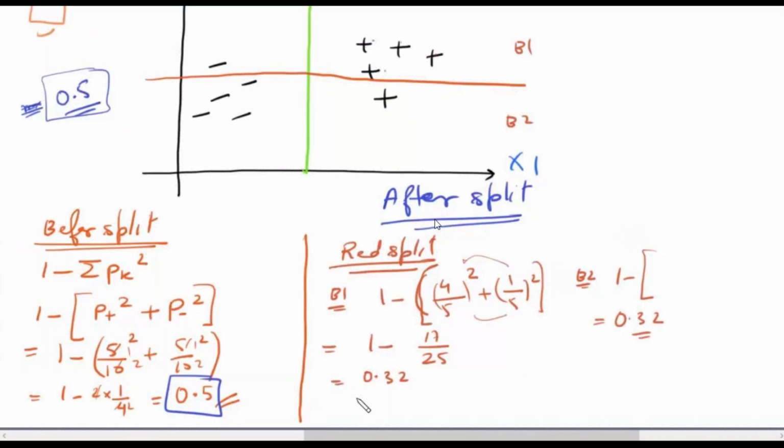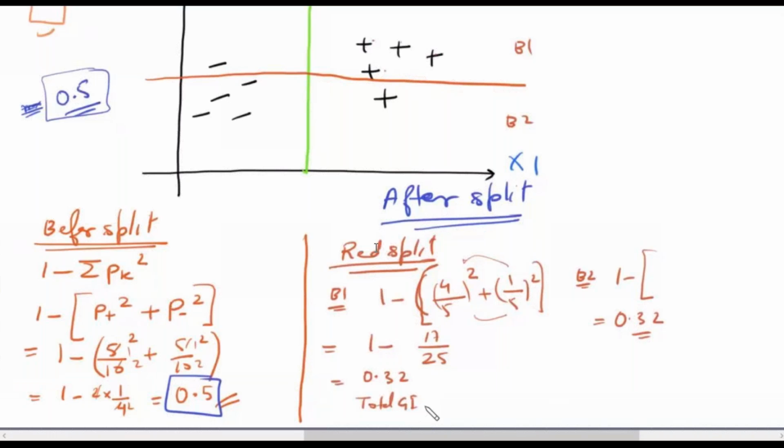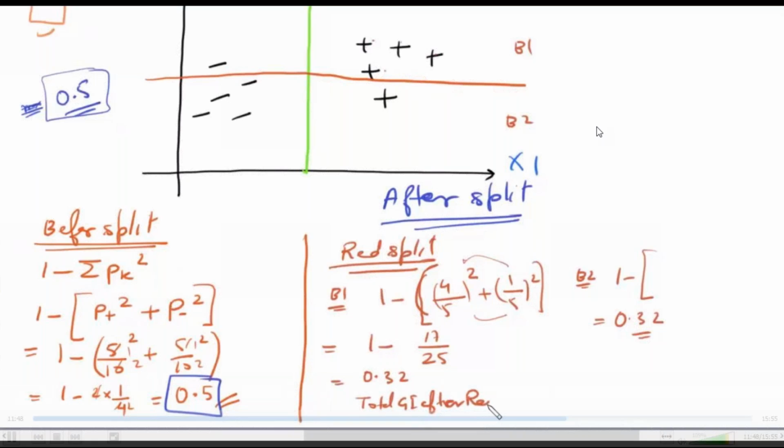So the total Gini index after the red split, now how do we calculate the total?